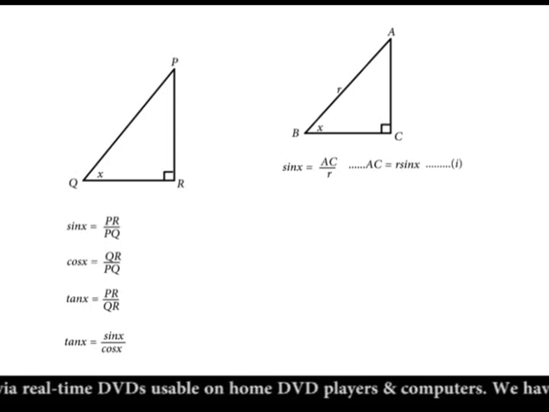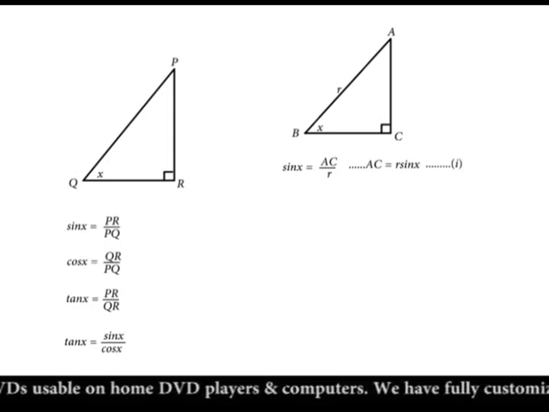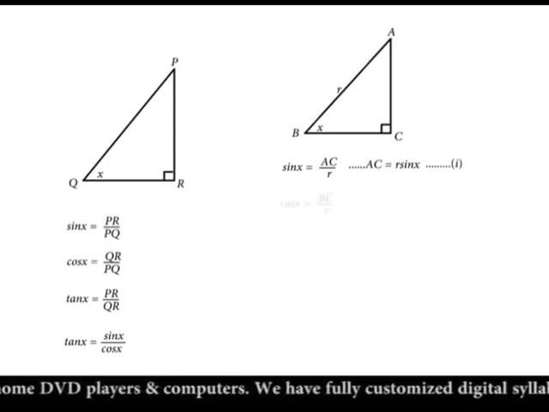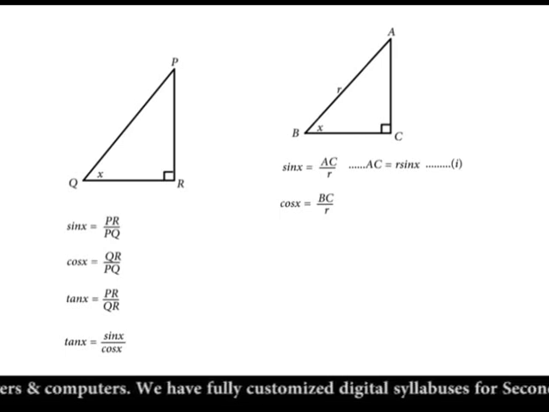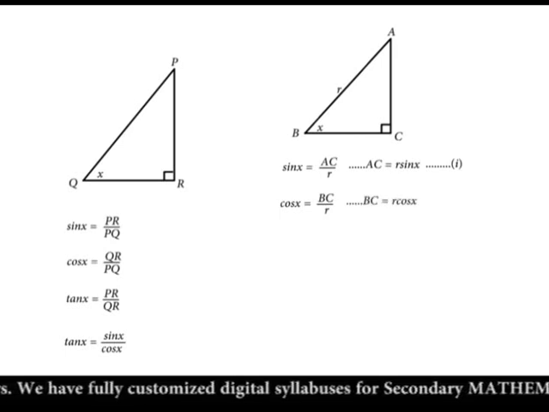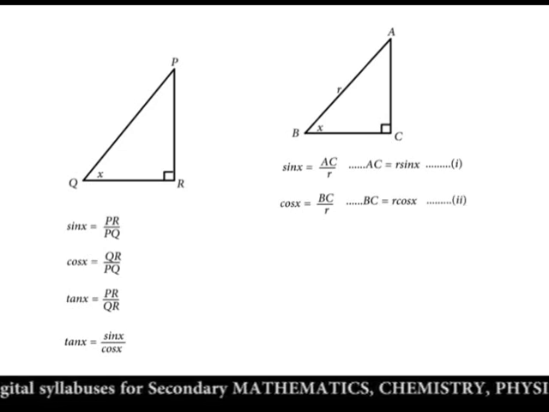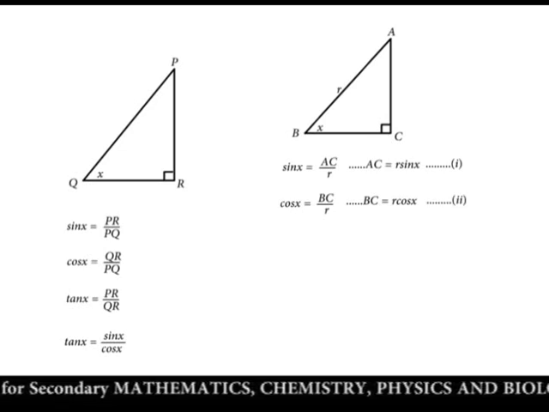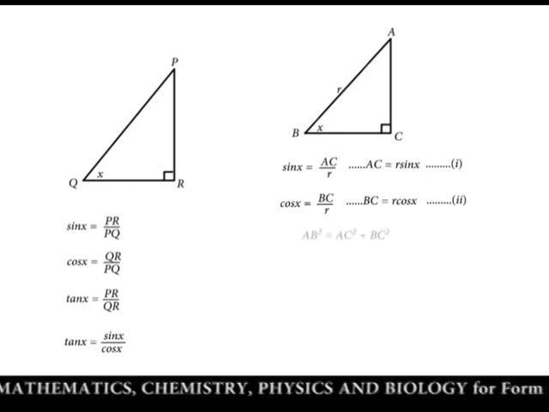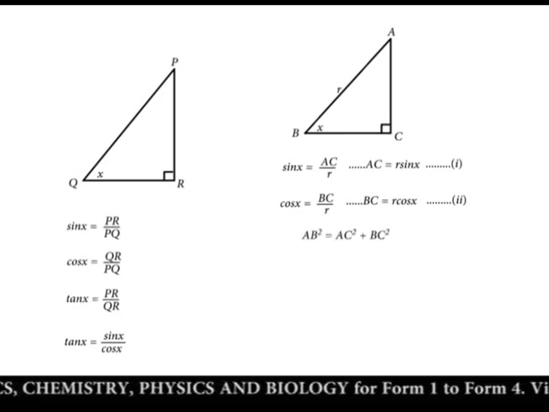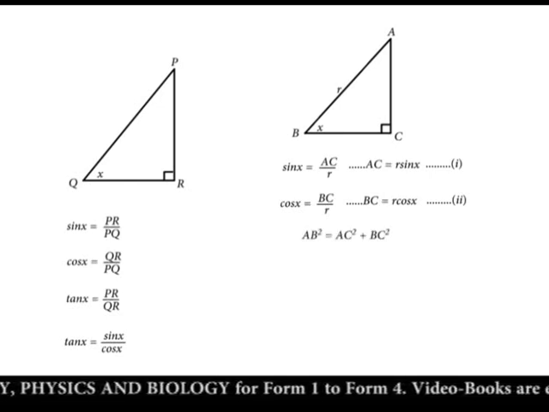We call that equation 1. Equally, cos X is equal to BC over R, and therefore BC is equal to R cos X, and we call that equation 2. Using Pythagoras theorem, AB squared is equal to AC squared plus BC squared.